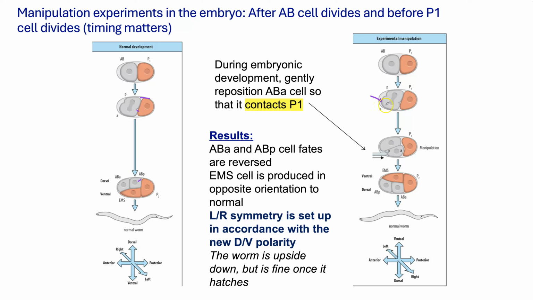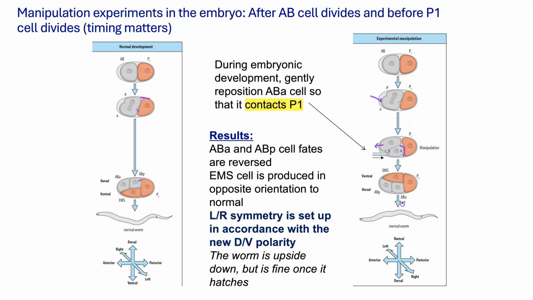And if you do that, you shove it so that the cell that was going to be the ABA cell is actually more towards the posterior, and the P cell is shifted towards the anterior with this manipulation.